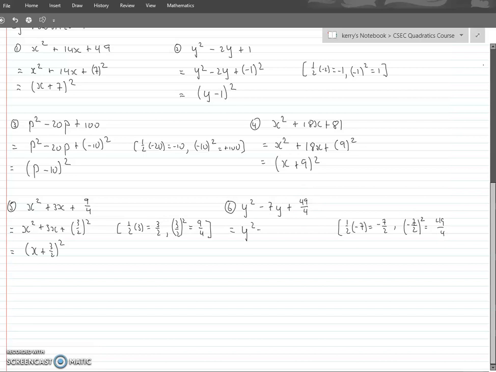So this is a perfect square, right? Plus minus 7 over 2 all squared. And now what goes in the brackets is y, and whatever number is inside here: y minus 7 over 2 squared, or y minus a half of 7 squared. That's how easy this one is, right?